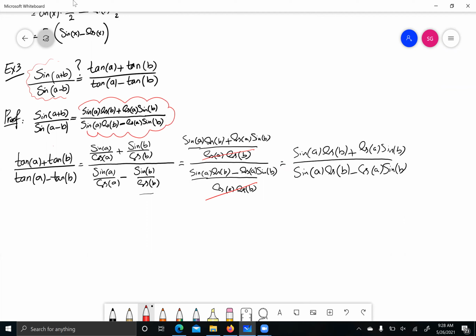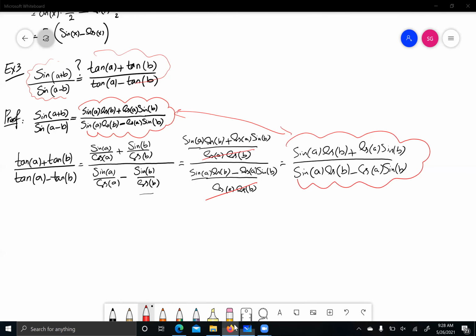Then we started simplifying the expression on the right side, and we got to this point, and they are the same. You see, these two are the same. So that proves that this identity holds. In other words, we simplified both left and right side of this equation, and we end up with the same expression on either side. So that proves that this equation holds.